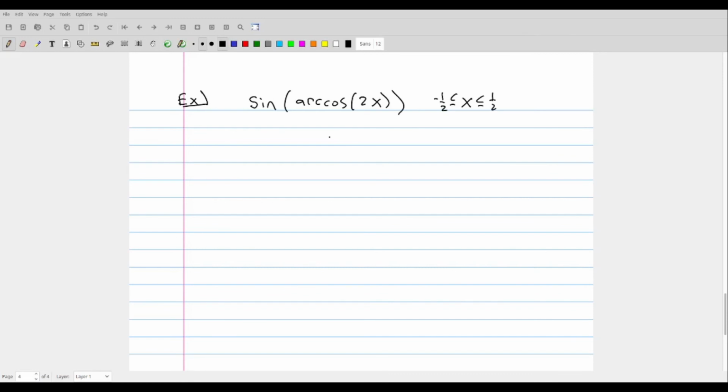So the idea is to be able to re-express all of this as just a function of x. Is there a way of doing that? And sure enough, there definitely is. If you, again, consider the unit circle, where this is the x-axis, the y-axis, and we'll make our unit circle.